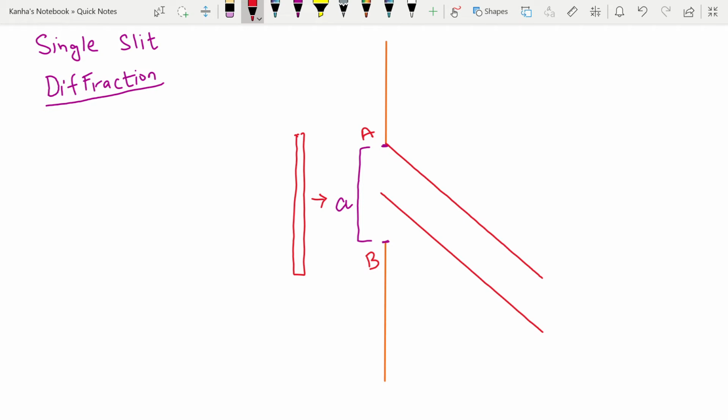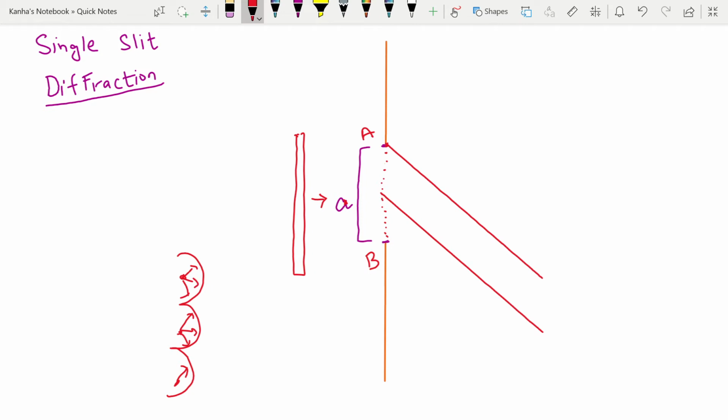When this plane wavefront is incident on this slit AB with a width small a, each point that is there on this slit will act as a point of disturbance and will produce secondary wavelets from it. So let these be the points on AB. All these will produce these secondary wavelets.